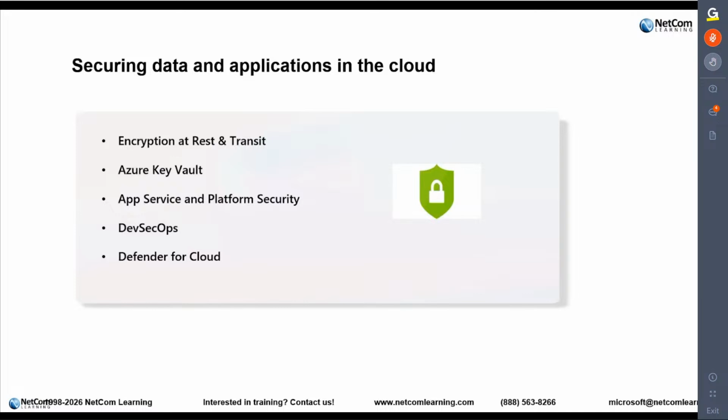For example, if we trust the cloud with our data, we need to be aware of cloud security, and also we need additional services to protect our applications and application communications and so forth. So for that, we have a number of features. First of all, encryption at rest and in transit.